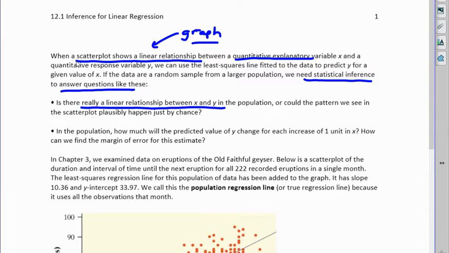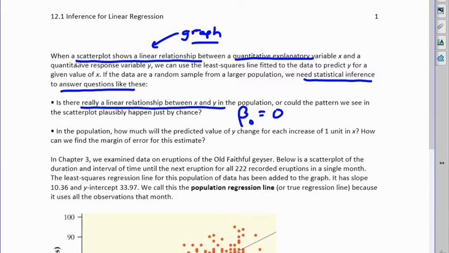We'll be creating confidence intervals and seeing if that slope, which the population slope will be beta sub 1. We'll see if that value of 0 is in our interval, then that would give us an indication that maybe there's not evidence of a linear relationship.